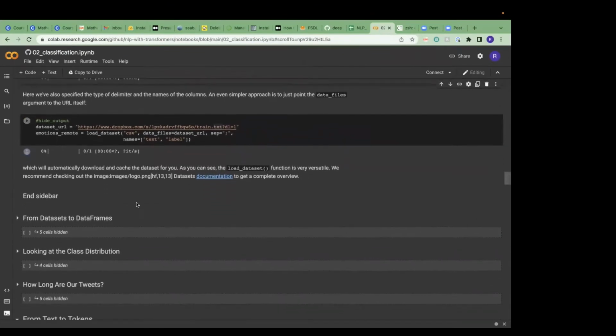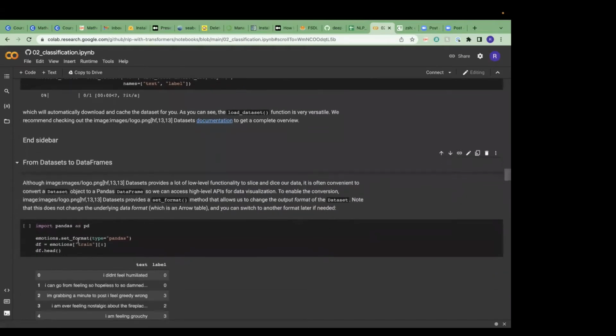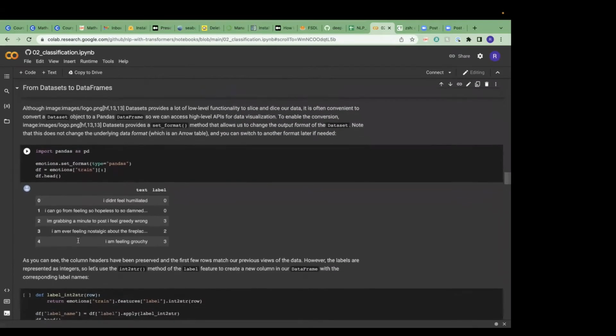So basically the sidebar is just talking about loading a custom data set via a text file. The main point in this section is that you can set the format of your data set if it's loaded through the Hugging Face hub.